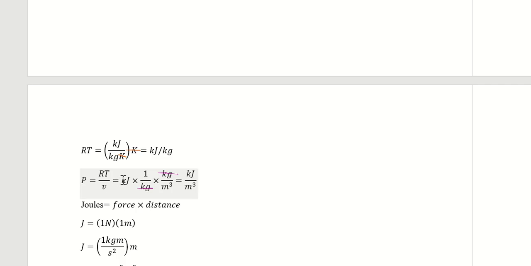And we already know that the dimensions of RT are kilojoules per kilogram, for the gas constant multiplied by temperature. Now we divide by specific volume, and when you're dividing, you take the reciprocal, which gives meters cubed per kilogram. The kilogram cancels and you have kilojoules per meter cubed.